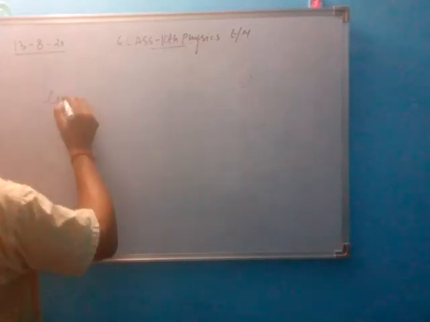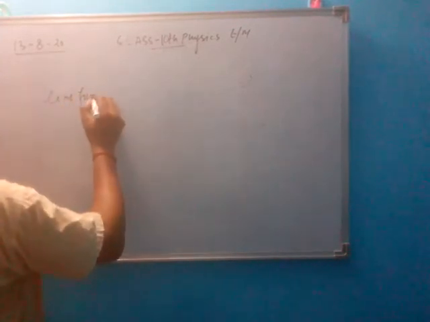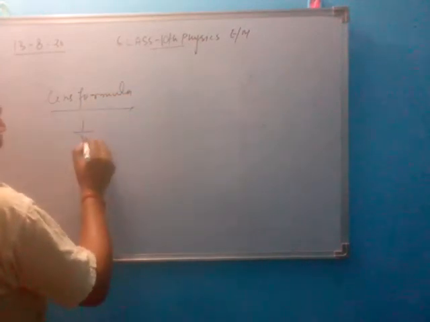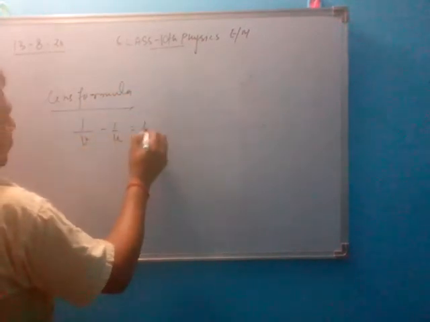And that is the lens formula. Lens formula: 1 upon v minus 1 upon u is equal to 1 upon f.